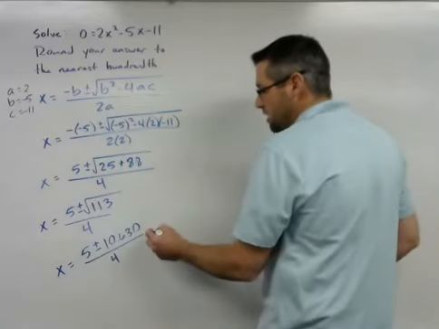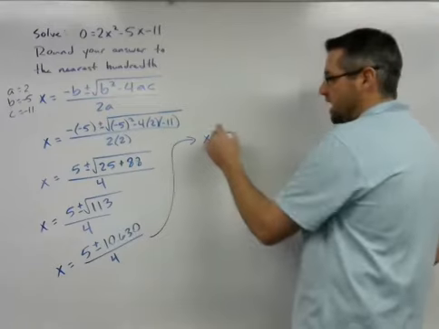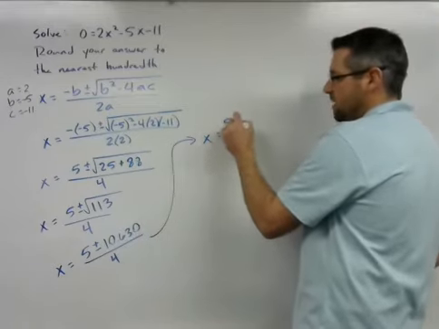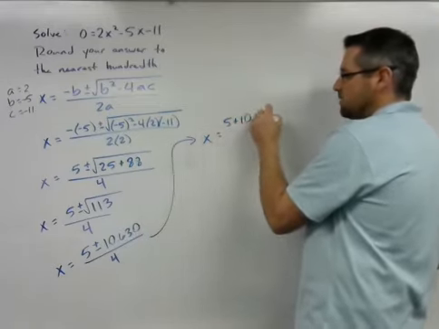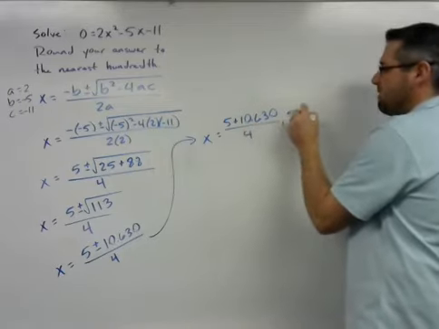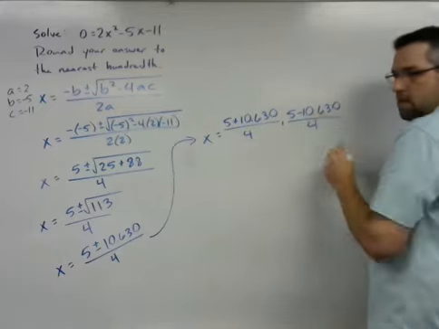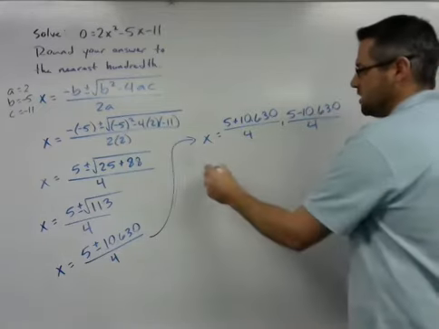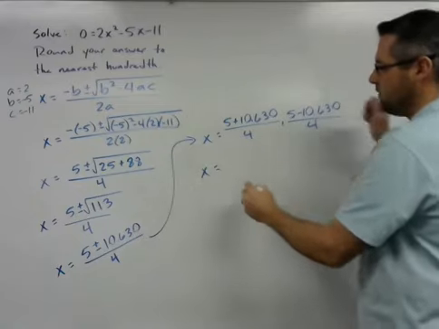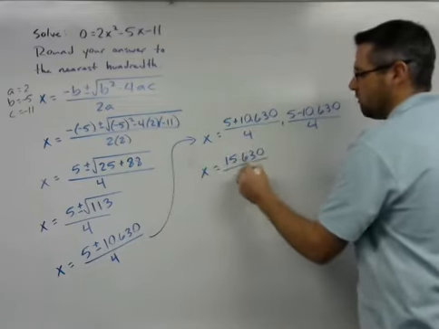So from here, we're going to break this apart into our two separate answers. We get x equals 5 plus 10.630 over 4. And then 5 minus 10.630 over 4, okay? And then we'll simplify each of these. Remember, you've got to simplify the numerator first, so that'd be 15.630 over 4.